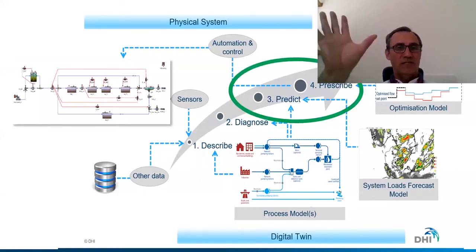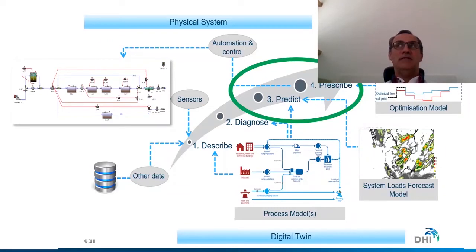So we are moving to this stage where the tools that we can use are used not only to diagnose what could happen in certain circumstances, but what will happen. So it means that we move from the diagnosis part to the prediction part. What is going to be the performance in the next hour, in the next 6 hours, in the next day, based on the forecast of the inflow, based on the forecast of the load.